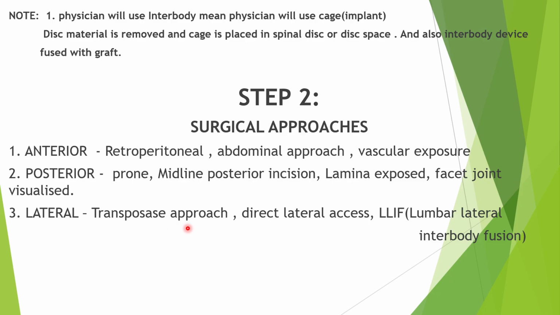So in the transpsoas approach, the surgeon goes through the psoas muscle, and in direct lateral access, the spine is reached directly from the side, like LLIF, that is lateral lumbar interbody fusion. So there will be a smaller incision and less damage to the back muscle. So this one is step 2: anterior, posterior, lateral.